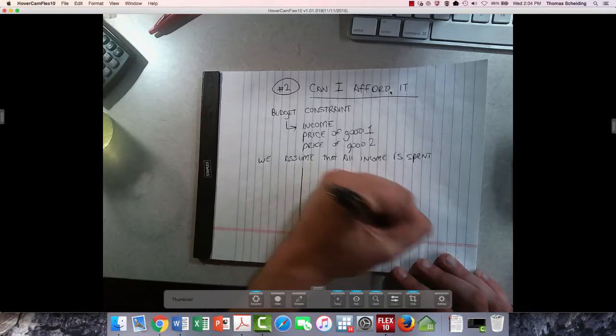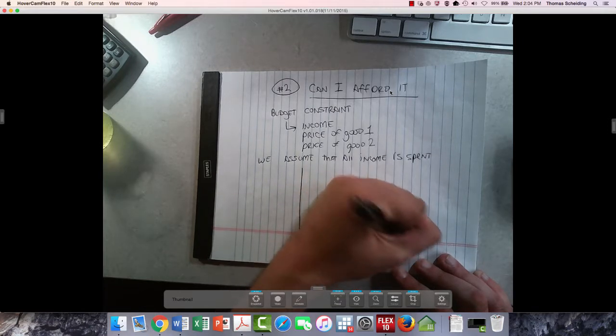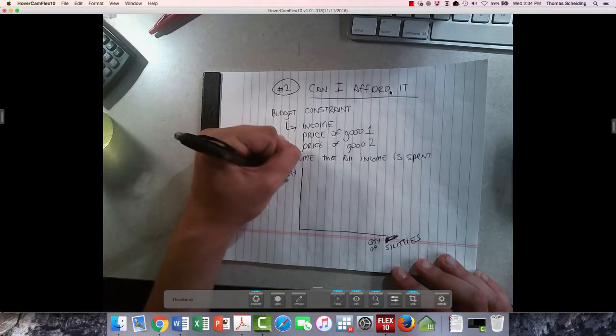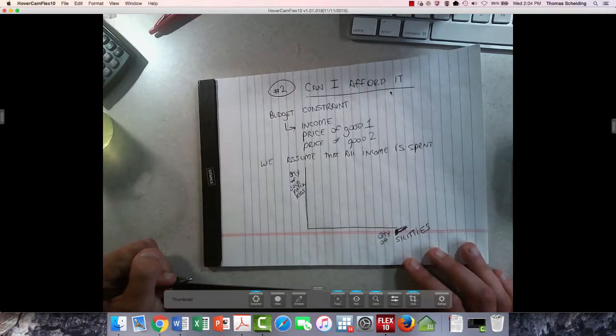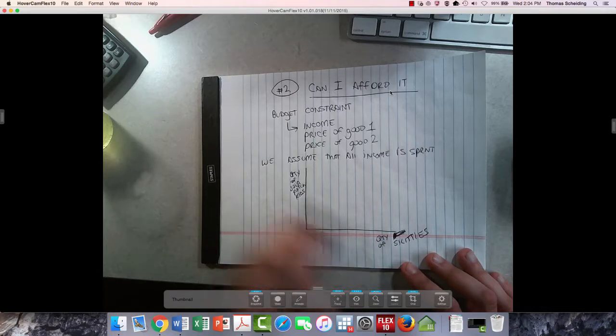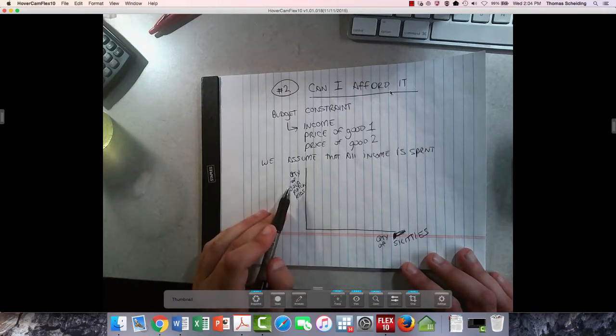Quantity of Skittles and quantity of Sour Patch Kids. Okay, so far I've got nothing different than what I had with my earlier space, right? It's the same kind of axes labels.